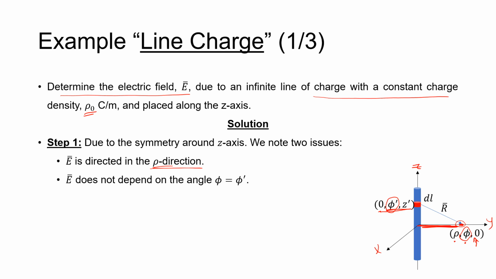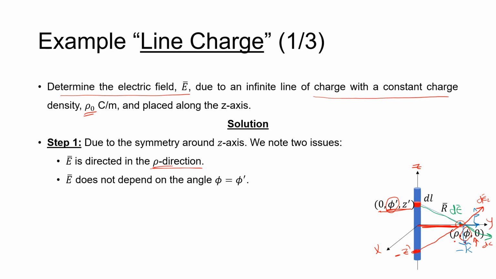Second thing, the field here, say delta E1, has two components, right? If you analyze it, it will have one component in the y direction or rho direction, and another component in the negative k direction. But if you have another element spaced at minus z dash, then if you plot it, it will be delta E2, for example.